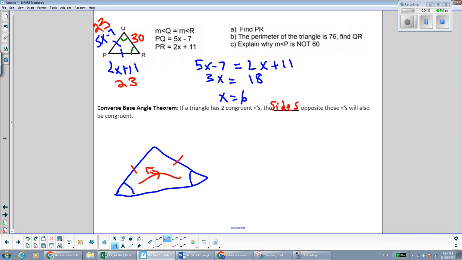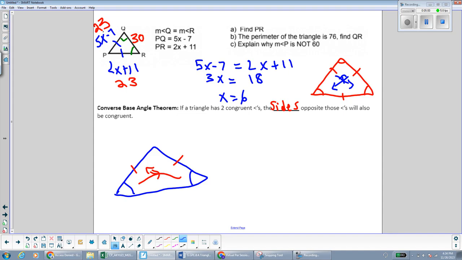The last part of the question says to explain why angle P is not 60 degrees. If we think about what kind of triangles have 60-degree angles, that is an equilateral triangle because in equilateral triangles, all three sides are equal. So that means all three angles are equal because angles opposite from congruent sides have to be congruent.